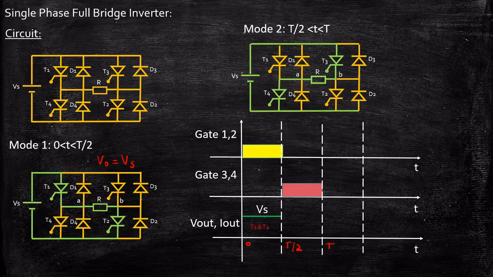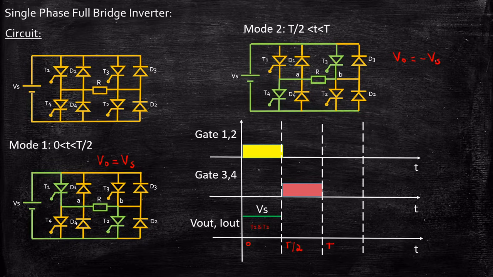Consequently, the power starts flowing from the source to the load in this direction, that is from T3 and then T4 and then back to the source. Basically B will be positive because it is connected to Vs, and A will be negative as it is connected to minus. So you will be getting V out equal to minus Vs in this case, isn't it?